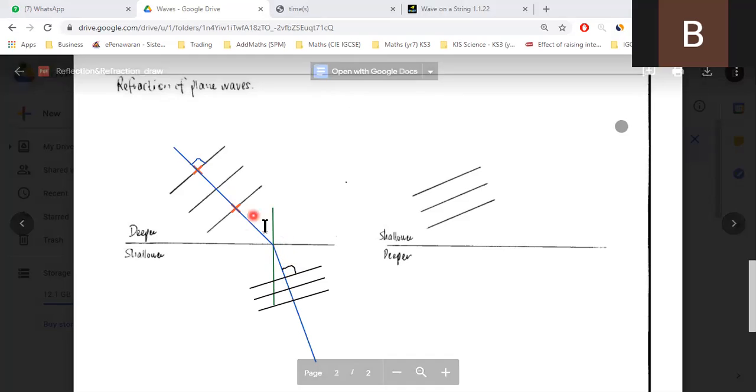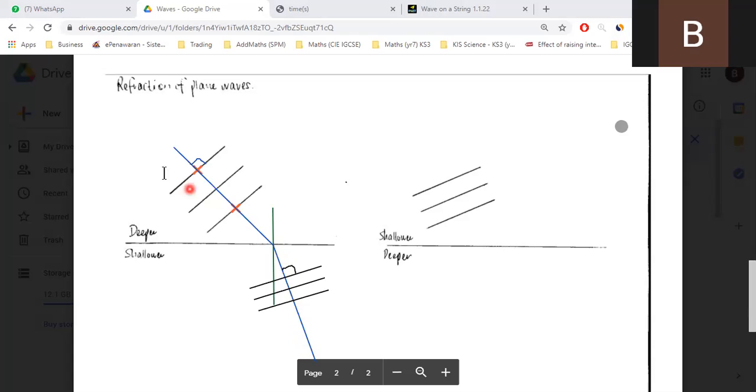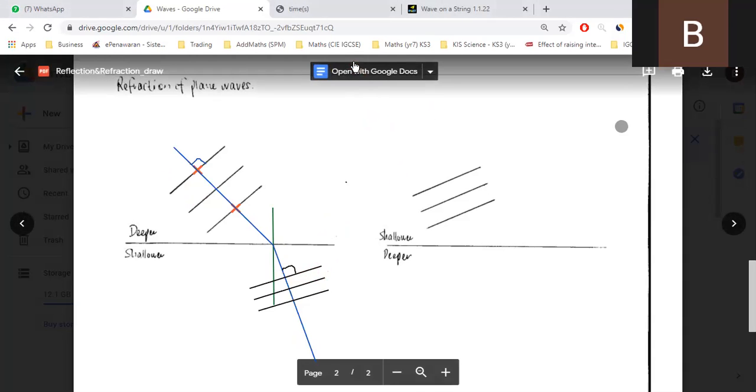First is the direction changes. Second, you have to show that the distance between each wavefront is now shorter. Okay, so after you finish, you erase it. You can erase it or you can leave it, but usually I erase it. This is the refraction.